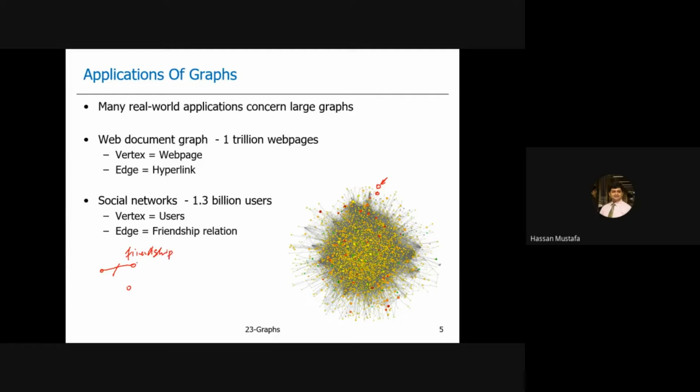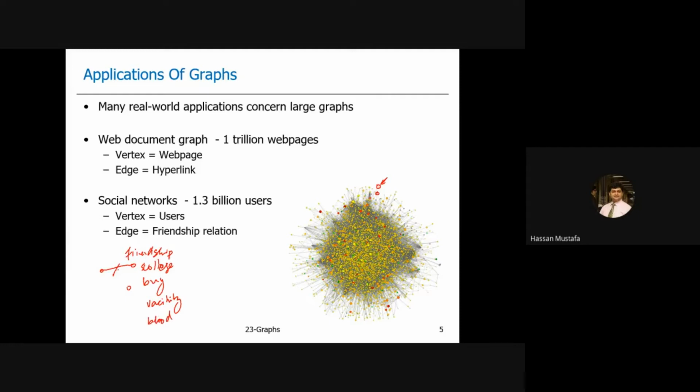It can be that a person has gone to the same college as the other. Maybe these two people buy the same things. Maybe these two people live in the same vicinity. Maybe these two people are related by blood to each other.